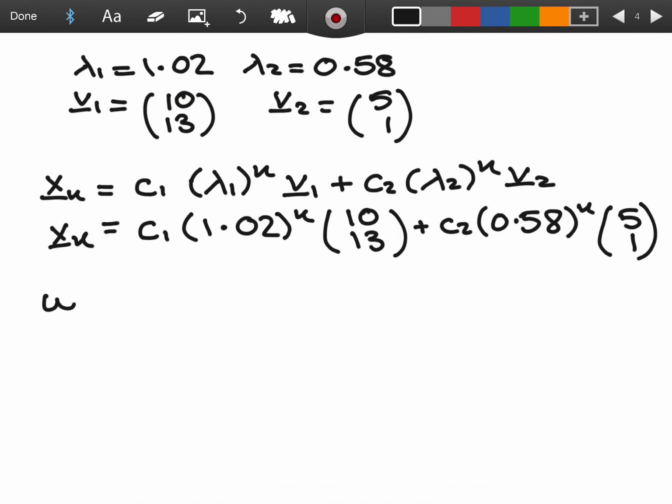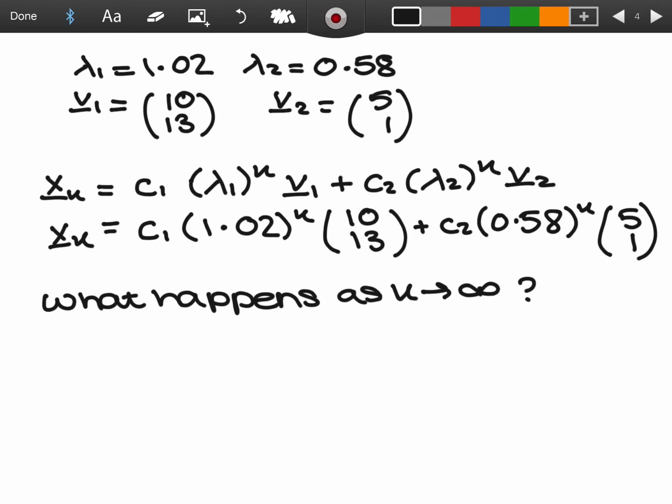So let's look at what happens as k goes towards infinity. Now, if you look at this system and you plug in a sufficiently large k, what's going to happen?